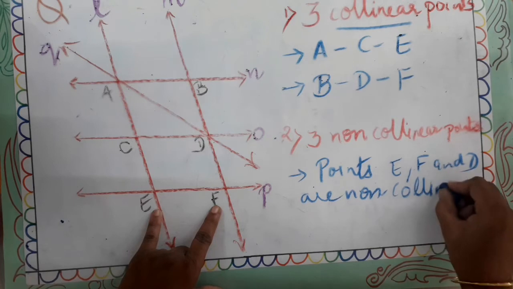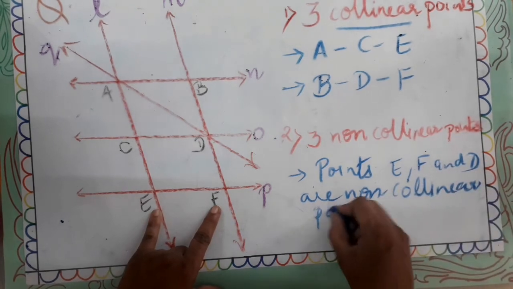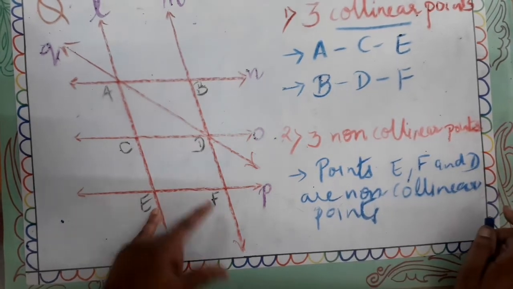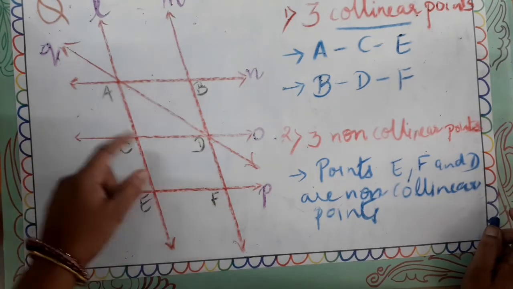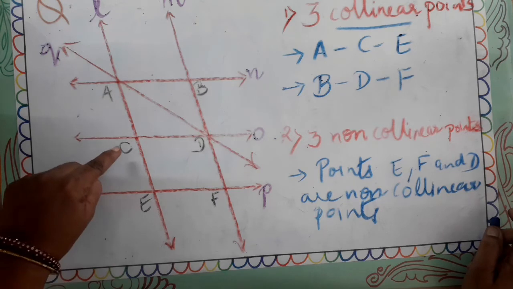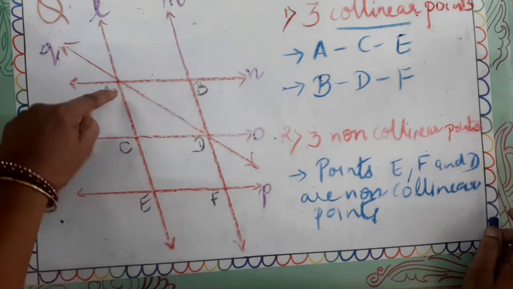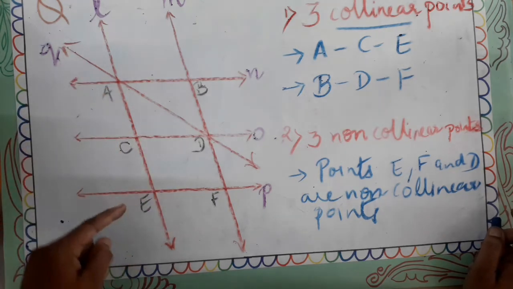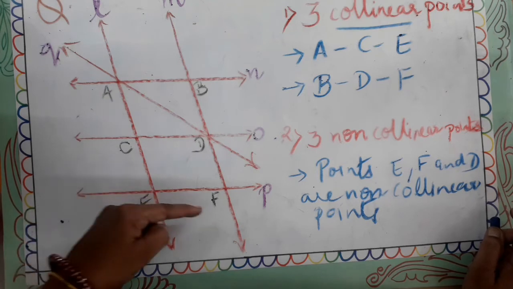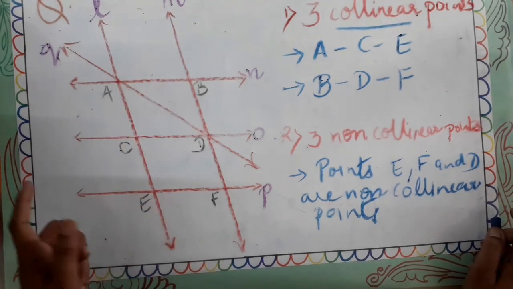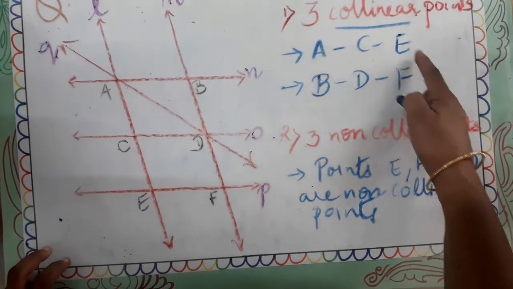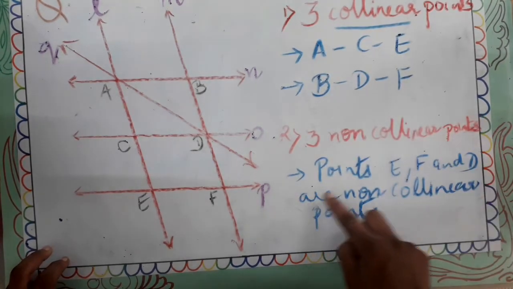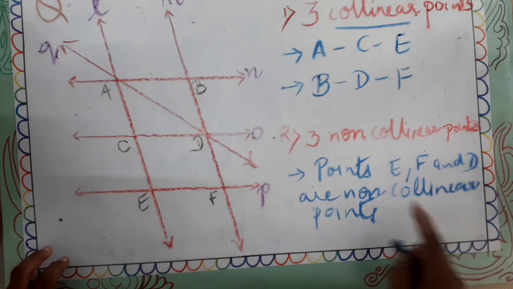Similarly, you can take E, F and C. They are non-collinear points. Points C, D and A are non-collinear, or points E, F and B are non-collinear. But symbolically, you cannot write it in dash form. You have to write it in words, that these points are non-collinear.